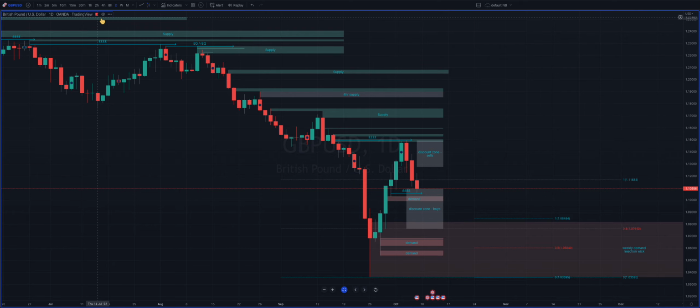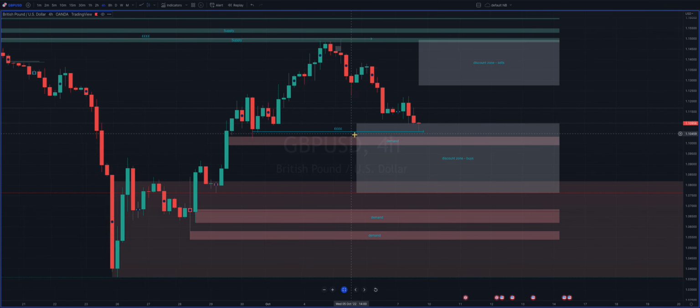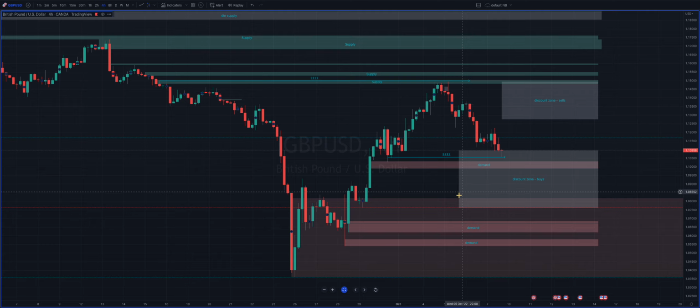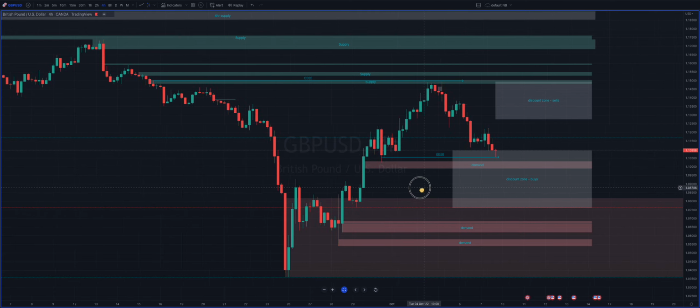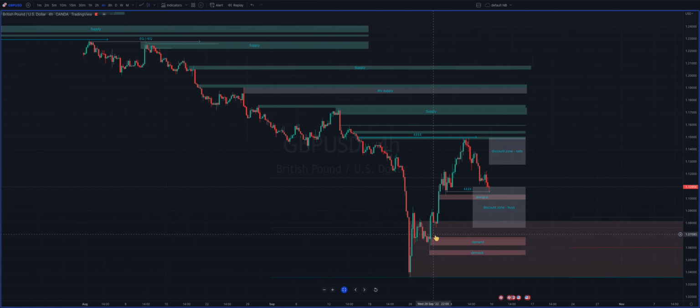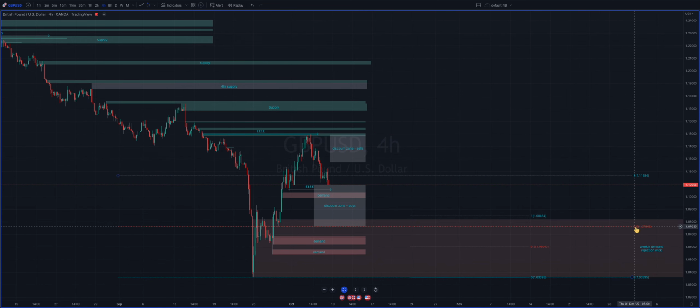So when we get onto the lower time frame of the 4 hour, we can now see that what we have done is taking these two discount levels, being the monthly wick level here and the weekly wick level here. We can see that they both sit within higher time frame demand and they both sit at areas of liquidity.